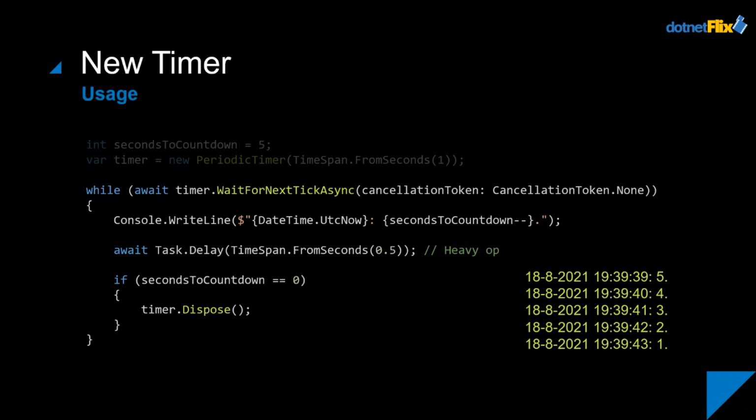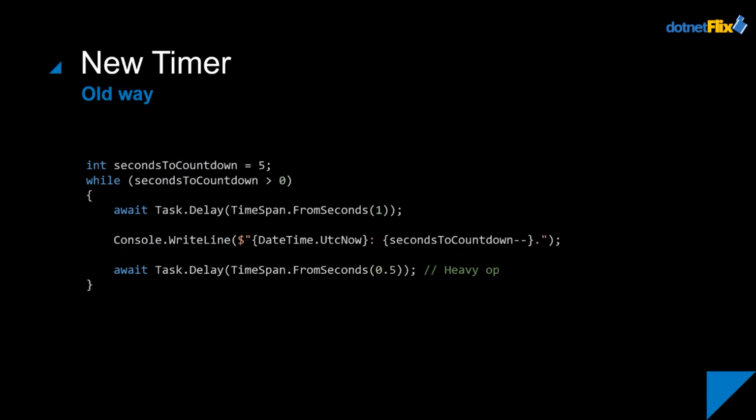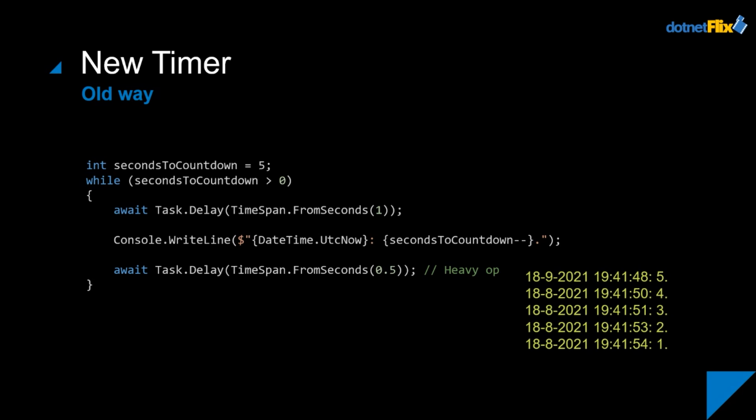So if you would compare this to the old way of doing an asynchronous timer, which I personally would implement using a while loop and a Task.Delay, it is a lot harder to actually run the timer method on each interval, in this case on each second, because if I run this heavy operation of half a second in this example, you would see that it actually prints the message every 1.5 seconds instead of each second.